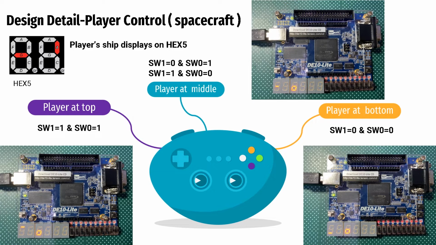If we want the player at the middle, we switch SW1 to 0 and SW0 to 1, or SW1 equals 1 and SW0 equals 0. If we want the player at the bottom, we switch SW1 equals 0 and SW0 equals 0.